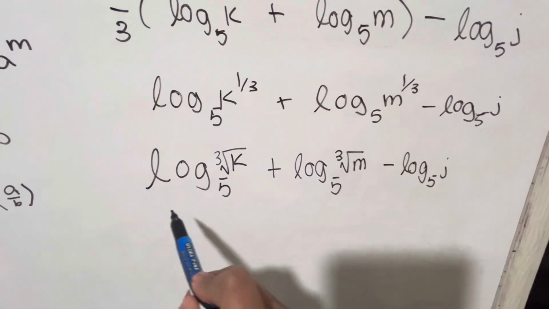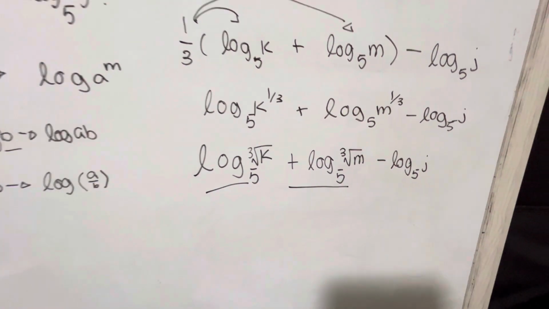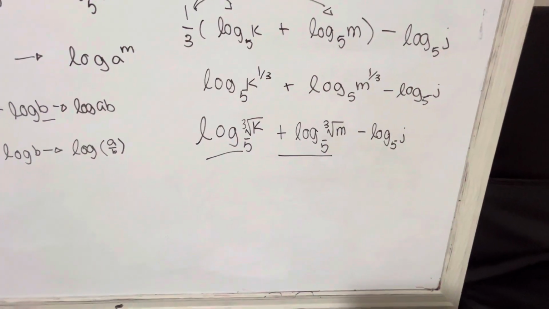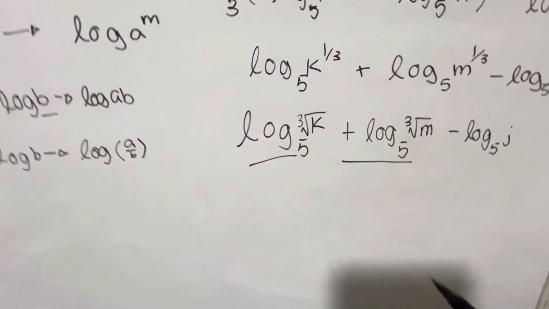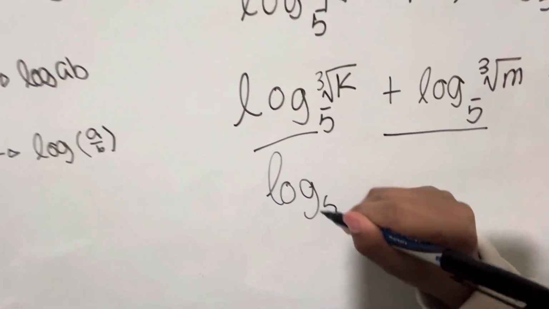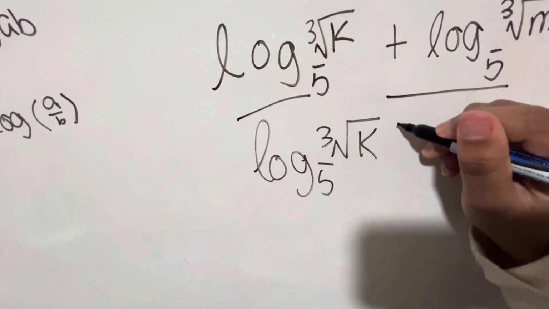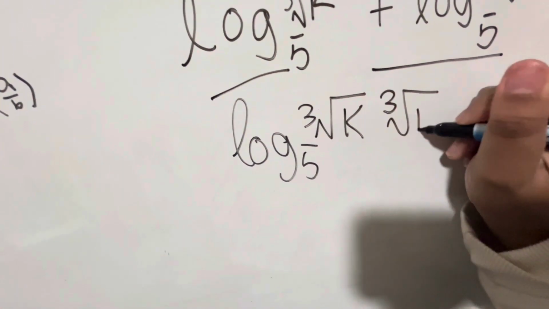We can use this one: log base 5 cube root of k and log base 5 cube root of m. We can combine those two into log base 5 cube root of k times cube root of m.